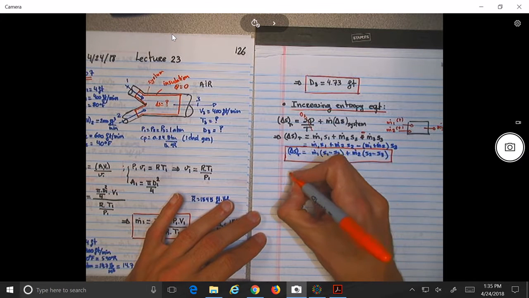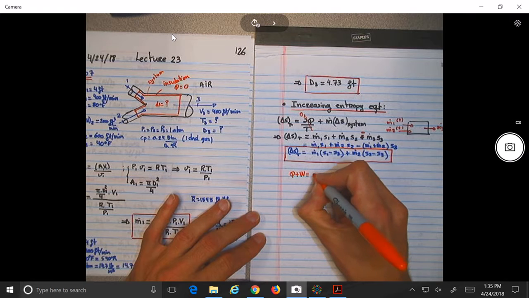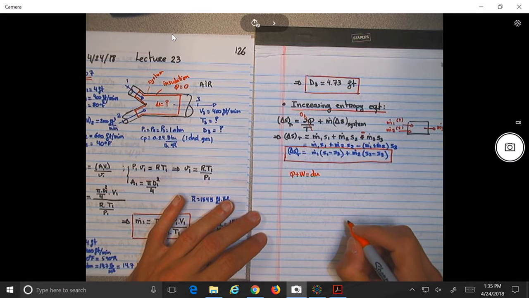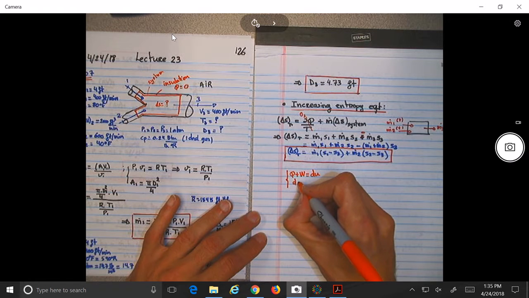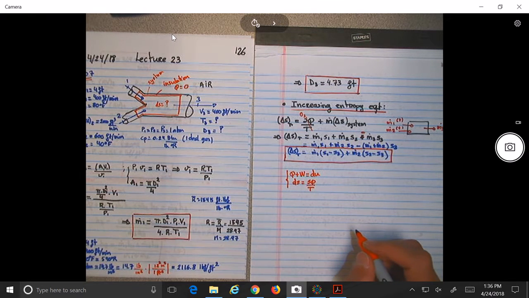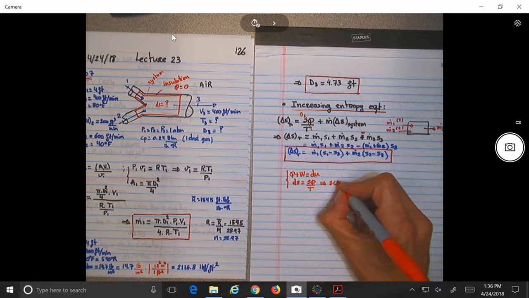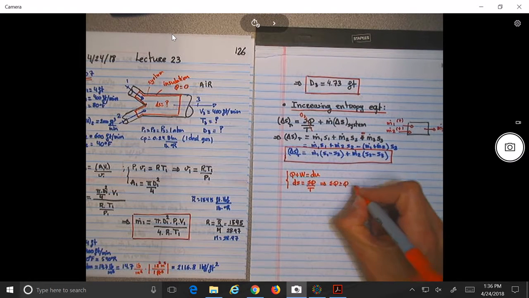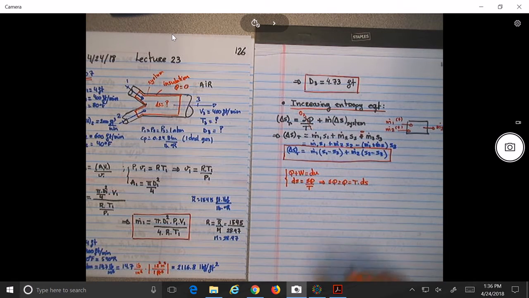We know the equation from the first principle of thermodynamics, and we know that the change in entropy is equal to delta Q over T. So Q is equal to TdS. Basically we are just rederiving the TdS relation.